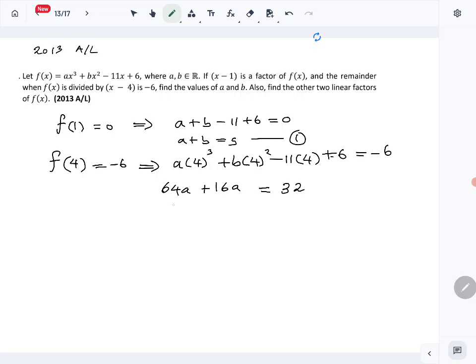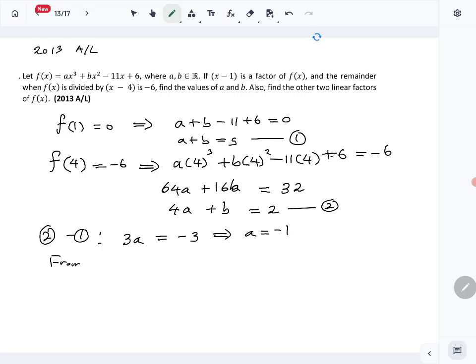So you can divide by 16. So 4a plus b equal to 2. Right. So then simultaneous equations: 2 minus 1, 3a equals minus 3. So that means a equals minus 1. Then from 1, minus 1 plus b equals 5. So b equals 6, right?